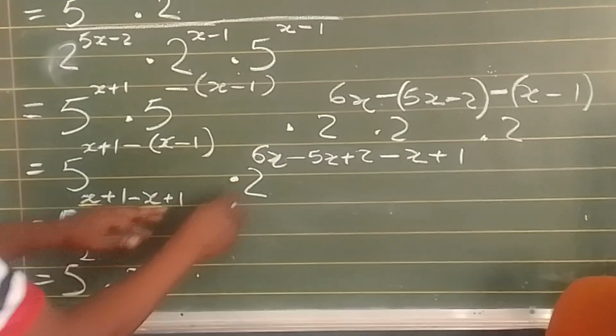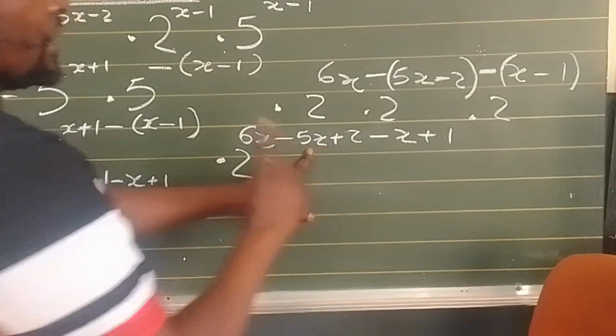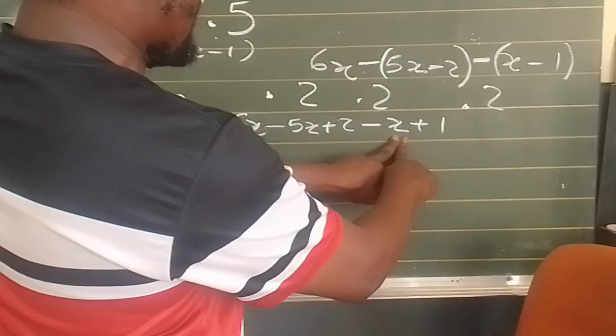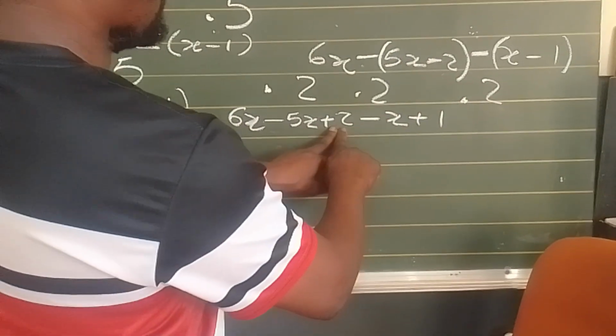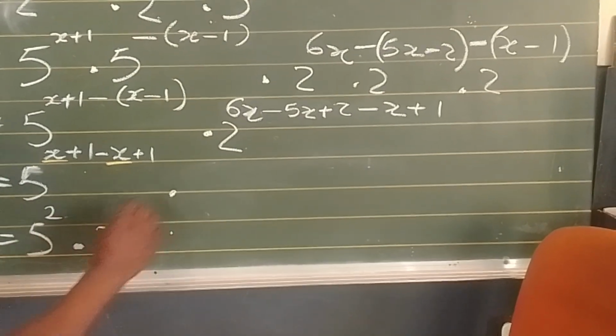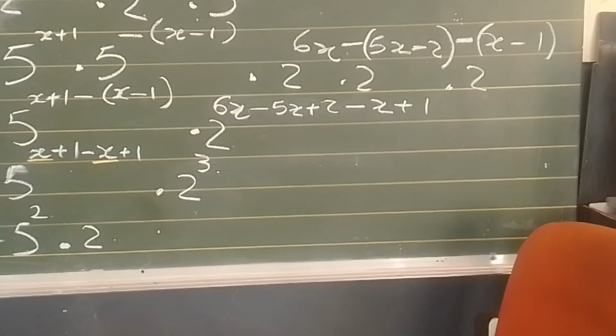Now let's check this. A positive 6x minus 5x is 1x. 1x minus 1x is 0. A 2 plus 1 is 3. This is what I wanted us to rectify. This is 2 to the power 3.